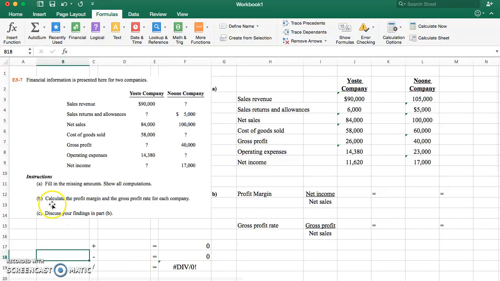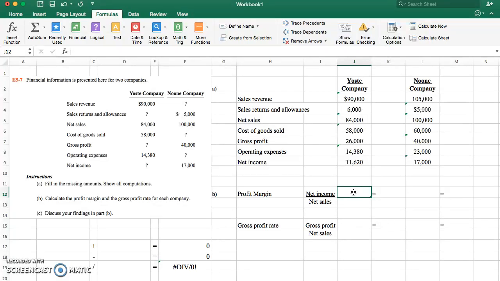The next part of the question says to calculate the profit margin and the gross profit rate for each company. We'll start with the profit margin, and I've put the formula here, which is our net income divided by our net sales, and it's given as a percentage. So I'll just put our numbers in here.